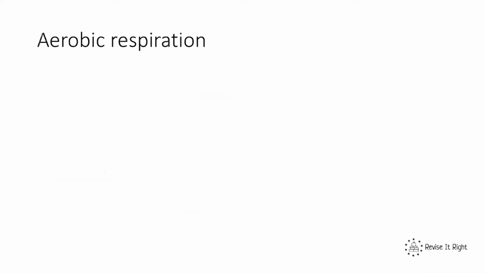So really there are two different types of respiration, aerobic and anaerobic. And aerobic respiration is respiration using oxygen. So when oxygen is available, and we'll talk about when it isn't in a second, we use aerobic respiration. And you need to be able to remember the word equation and recognize a symbol equation for this. Remember it also takes place in the mitochondria of our cells.